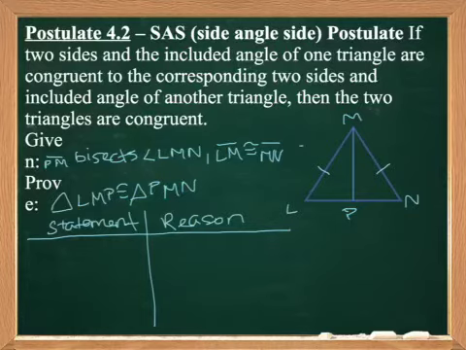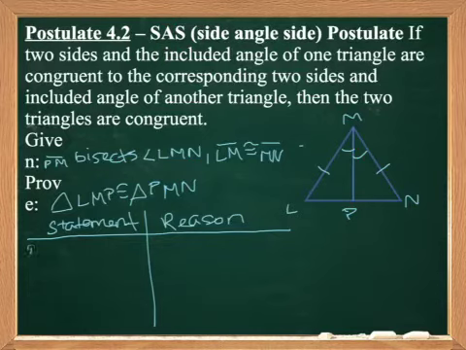And we also know that if PM bisects LMN, bisecting an angle means it cuts it into two congruent parts. So we also know that those two angles are congruent, but we do have to state that because we're getting it from part of a given, but we're kind of coming up with a new conclusion. Now, side, angle, well, again, using the reflexive property here, we would have that third side, and then we can prove by side, angle, side.